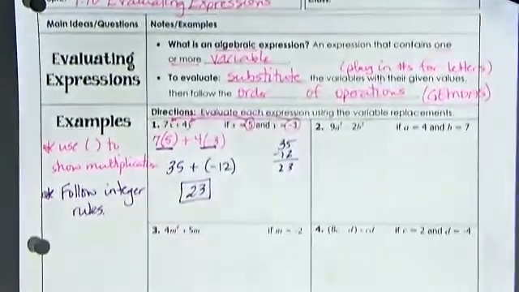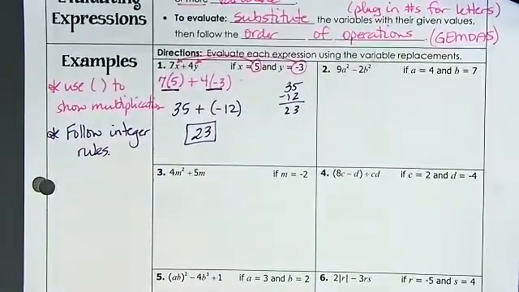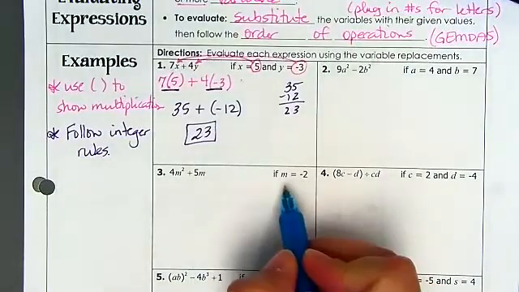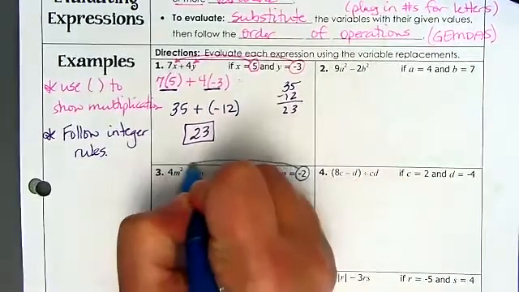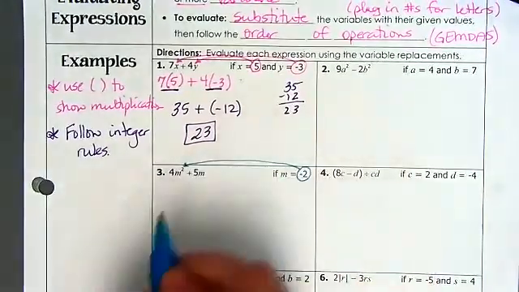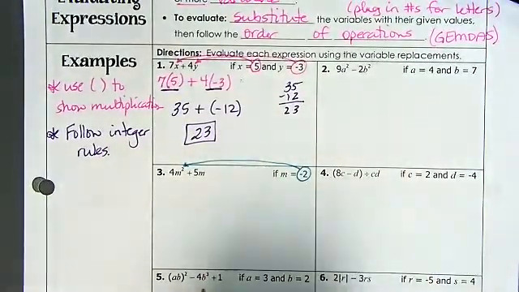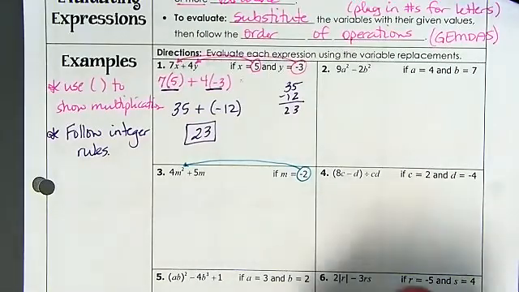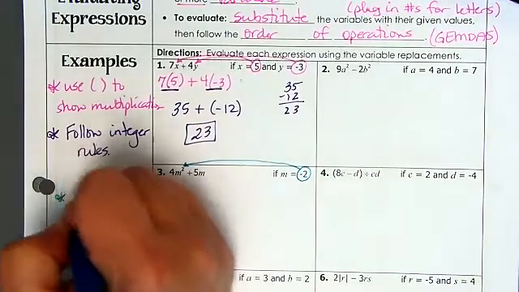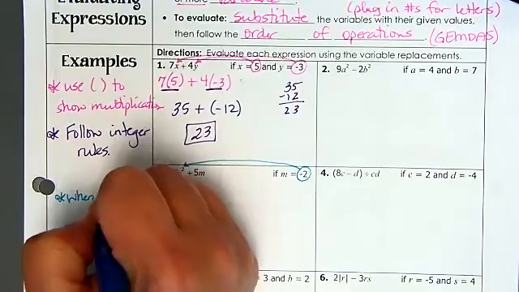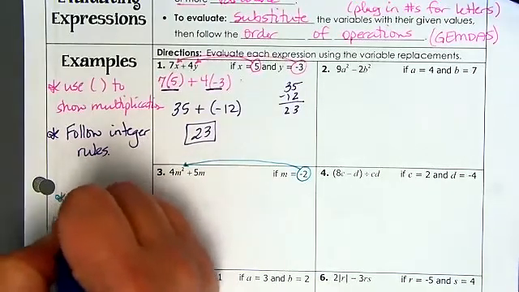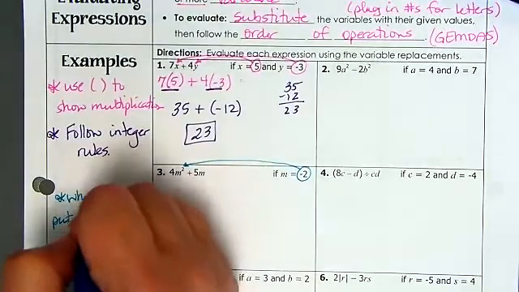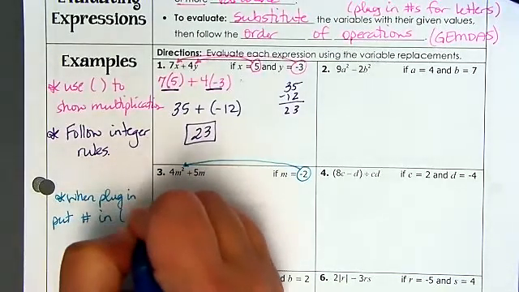Okay, next problem we're going to work. Let's do number 3. Again, I've only got one letter here, so I'm going to take the -2 and plug it in for the M. Now, a big thing to remember here is when you plug in, put the number in parentheses.